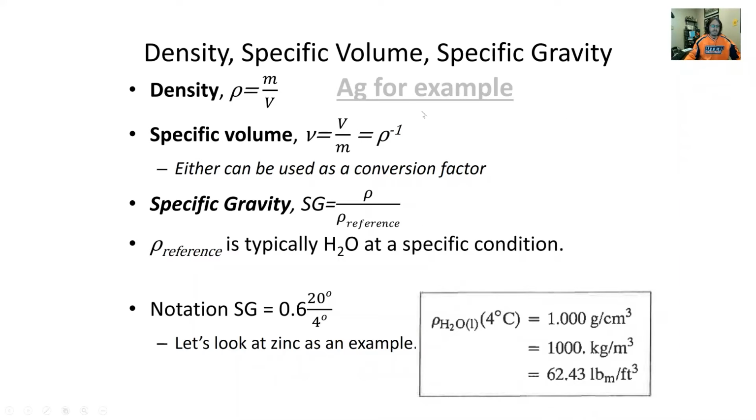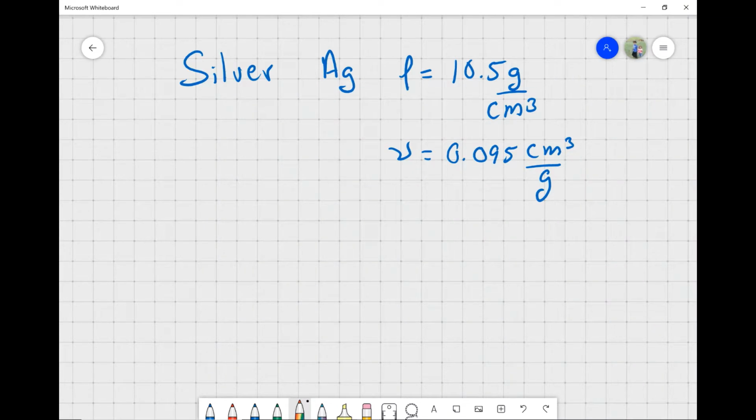We're going to take a look at silver as an example just for density. We've worked out some density problems already, but we'll do it again. We'll also look at zinc as an example, and we'll see the difference between using specific gravity and using straight density. As a simple example, for silver the density is 10.5 grams per cubic centimeter.